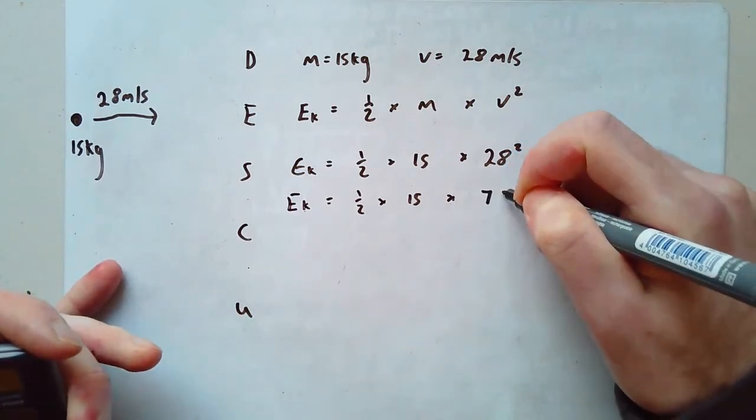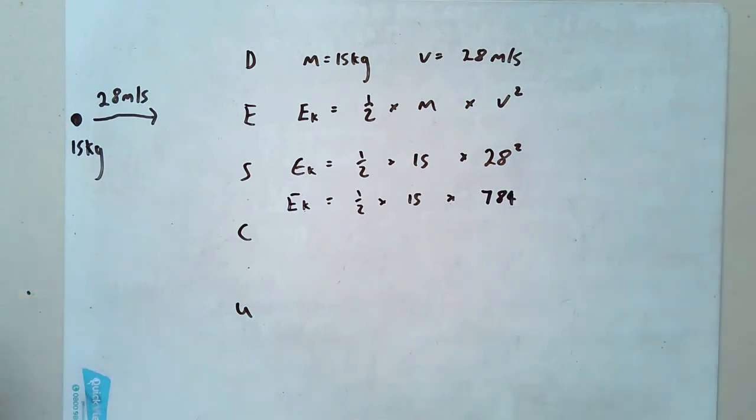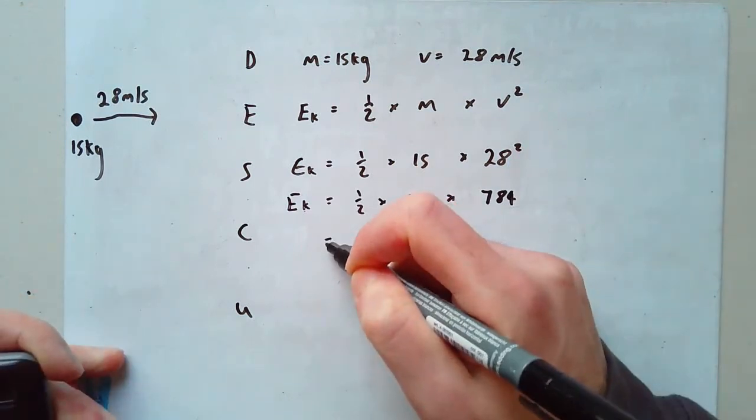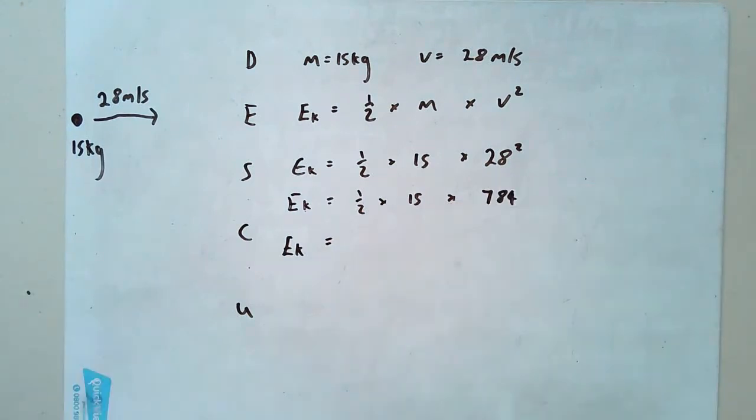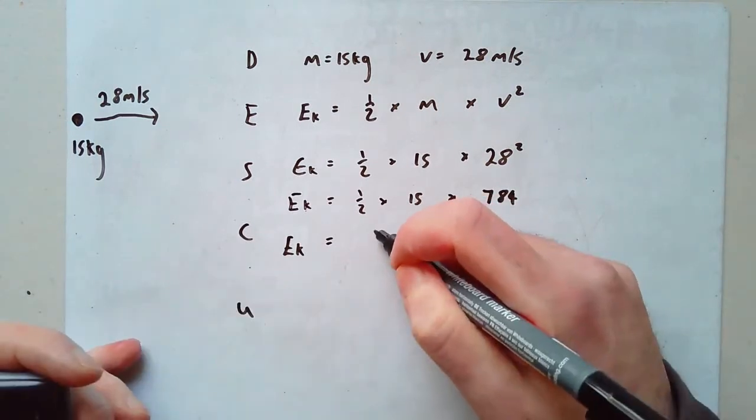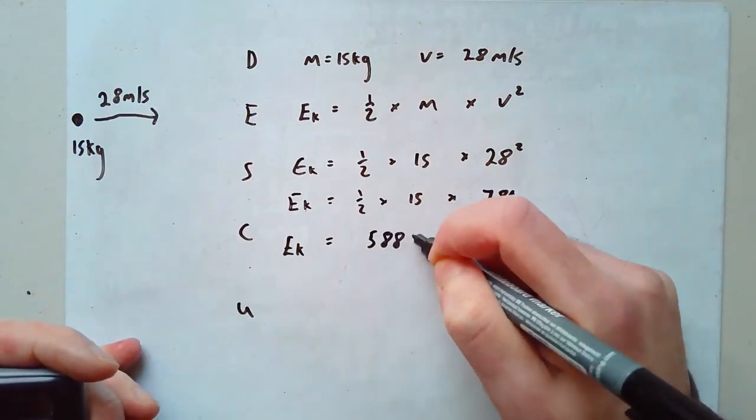EK therefore is half times 15 times that, so 0.5 times 15 times 784 gives me 5880 joules, and that there is done.